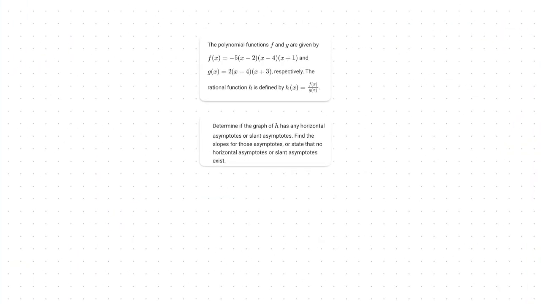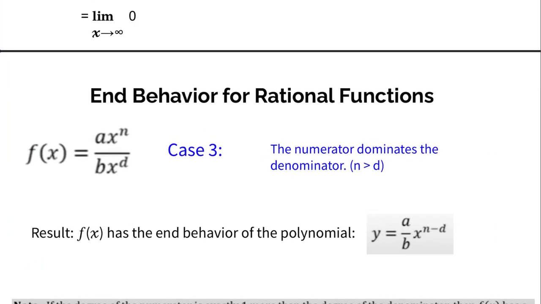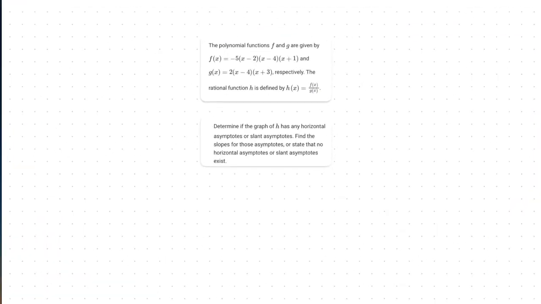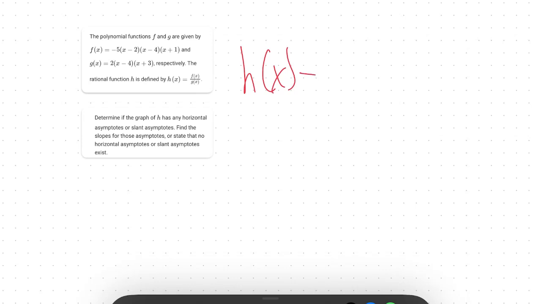Ironically, we don't need the graphing calculator for this. If I actually gave it to you and said, don't use a graphing calculator, I think you'd be better off than if I said you can use a graphing calculator for this. So we just go back to our notes, right? End behavior is the horizontal asymptotes, remember? And we look, in this case, I should have done it beforehand, at h of x, just talking about the degrees, right?